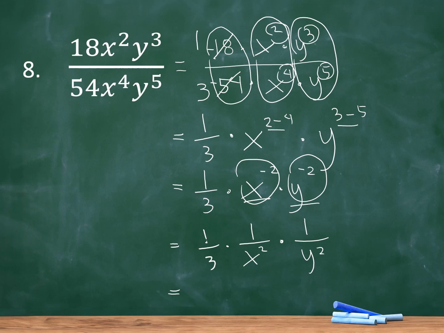So let's multiply all of the numerators. 1 times 1 times 1, that's 1 over, let's multiply all of the denominators. 3 times x squared times y squared, so that's 3x squared y squared. This will be our final answer.